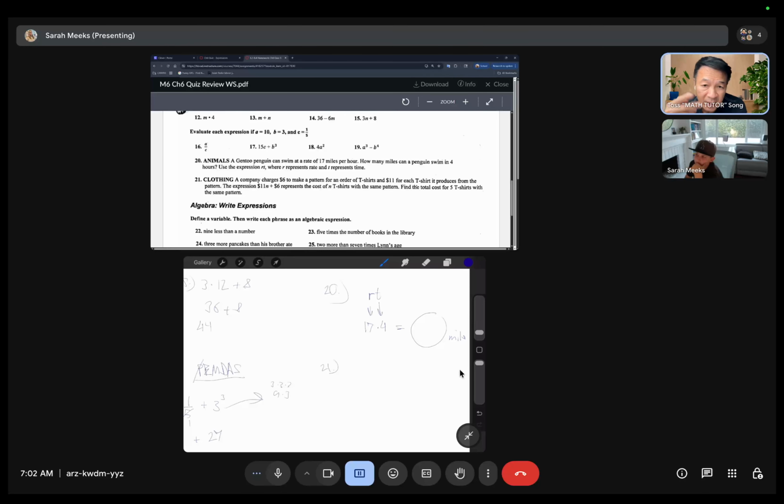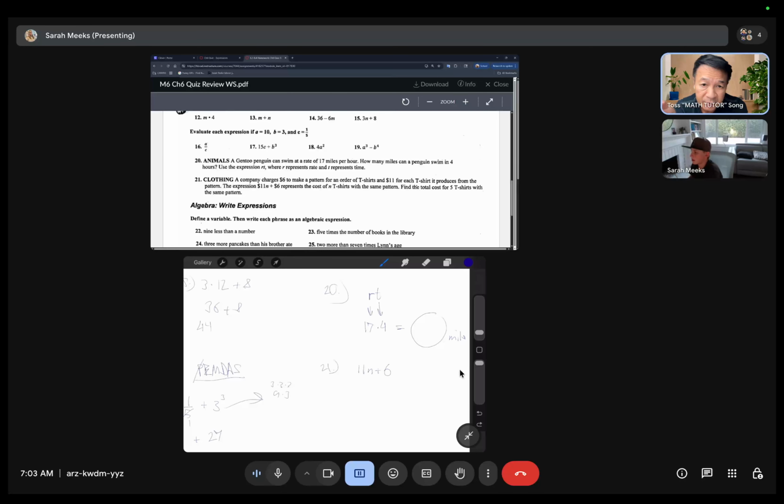So they're kind of interpreting 11n plus 6 as a story. So I'll write it down. 11n plus 6. That's all you need, by the way. In the future, you have to come up with this expression, the 11n plus 6. But they gave it to you in this one.